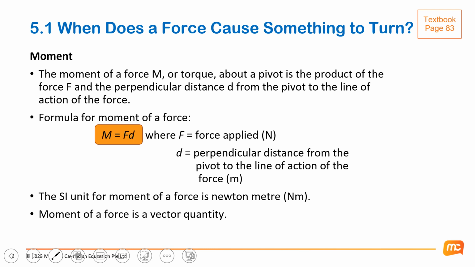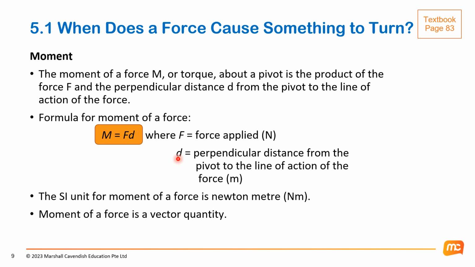So the formula for a moment, we've already seen this in class, is that the moment is given by the product of the force applied as well as the perpendicular distance. Now, perpendicular distance, of course, is not just the same thing as the distance between the force and the pivot. It also depends on the direction of the force or the line of action of the force.